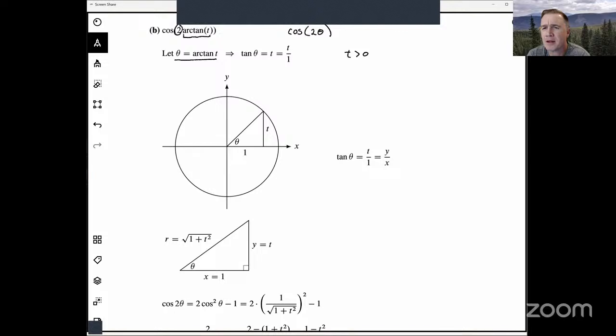What's the range of the arctangent function? It's got to be between minus pi over 2 and plus pi over 2, in radians. And where is the tangent of theta positive? It's in the first quadrant.